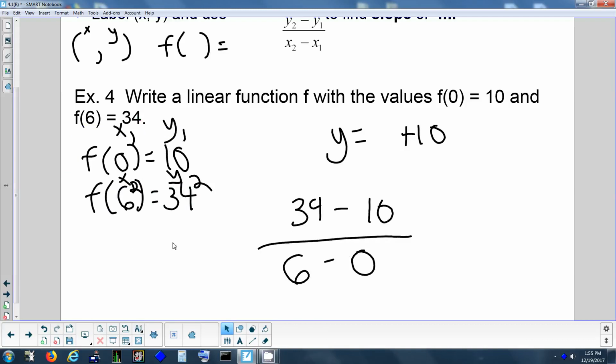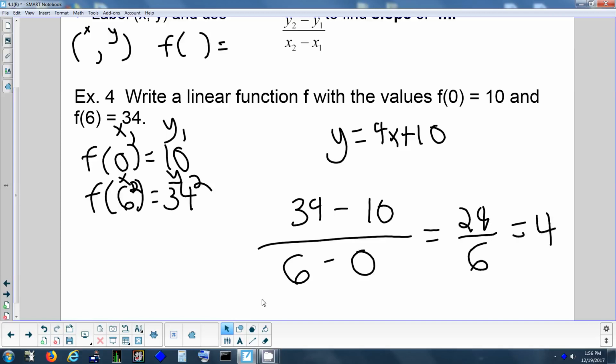Everybody okay? Remember, this is function notation, it means the same thing as coordinate notation. I'll do my math. 24 over 6. 24 divided by 6 is 4.